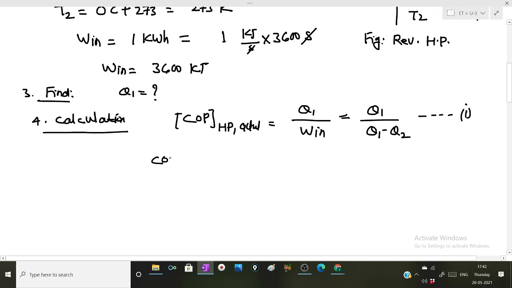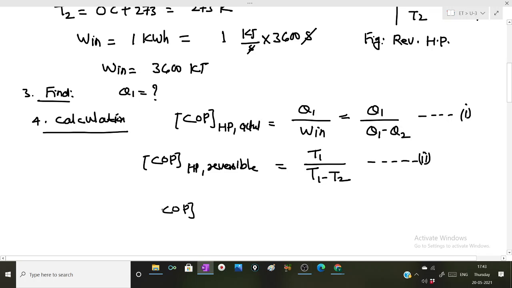And what is the COP of a reversible or Carnot heat pump? It is nothing but, in terms of temperature, T1 over T1 minus T2. Let's say this is equation number 2. We have been given both the temperatures T1 and T2, so I can calculate the reversible COP of the heat pump.